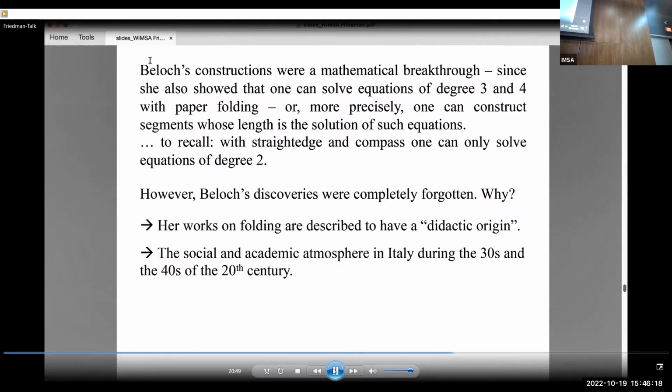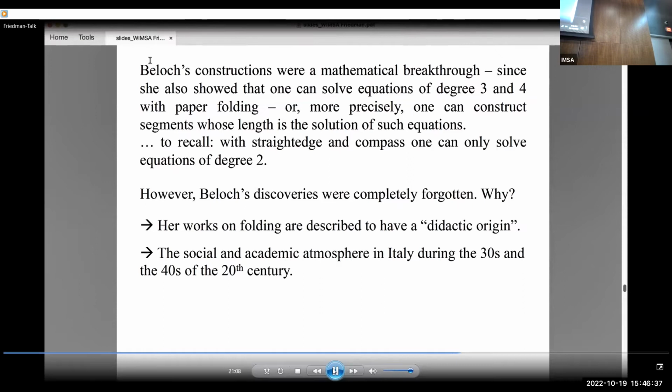First of all, Beloch, as a woman mathematician, was by all means belonging to a minority, and this certainly made it more difficult for her research to be well accepted as contributing to the mathematical research and not to be immediately categorized as pedagogical.